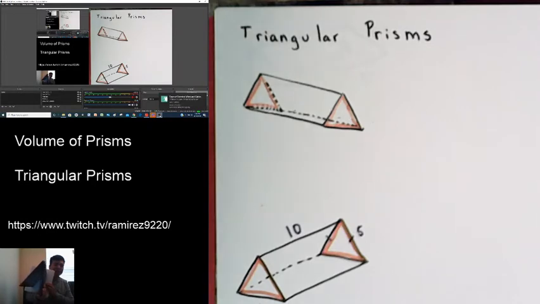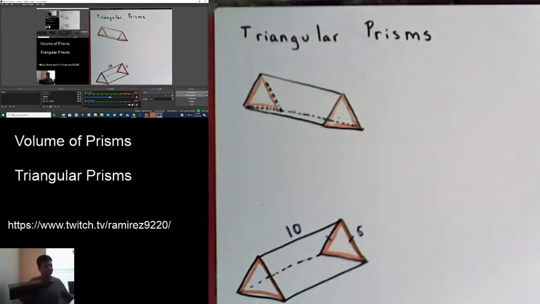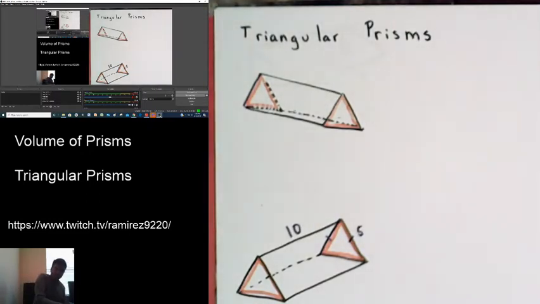So that white triangle created right here, that base, and then this other triangle right here, they're pretty much the same triangle. These are your bases because they're parallel to each other, and they're connected by rectangles. So again, that's what makes it a prism, the fact that it's connected by a rectangle.